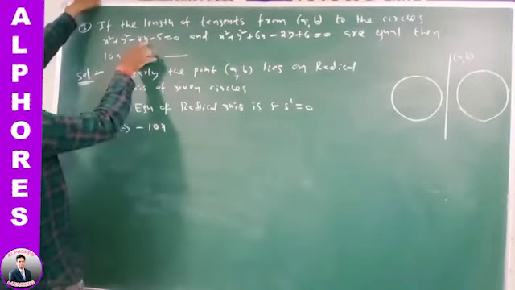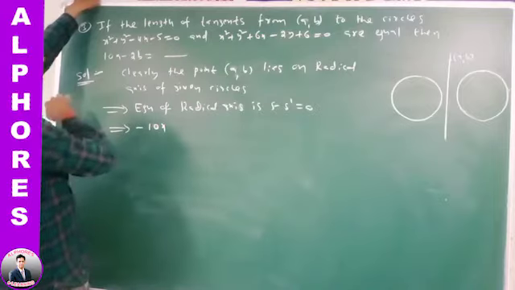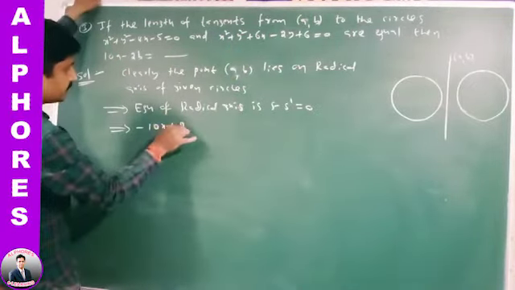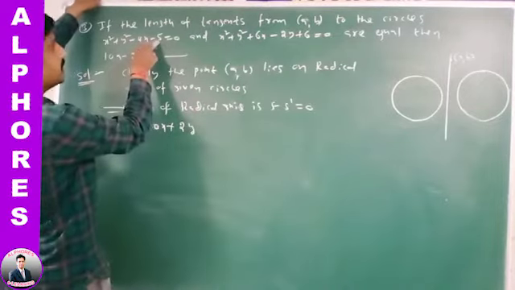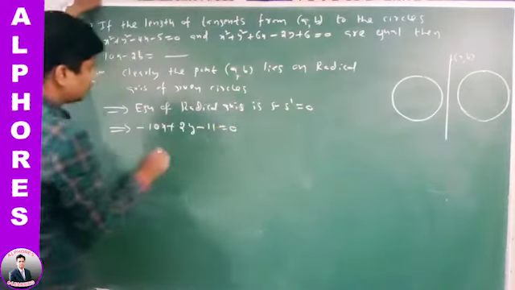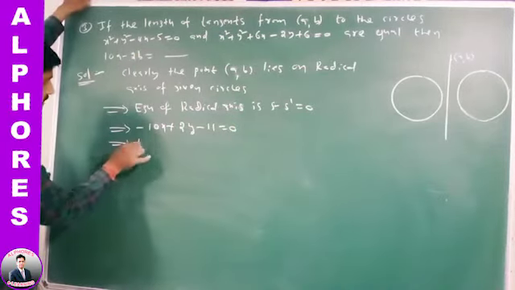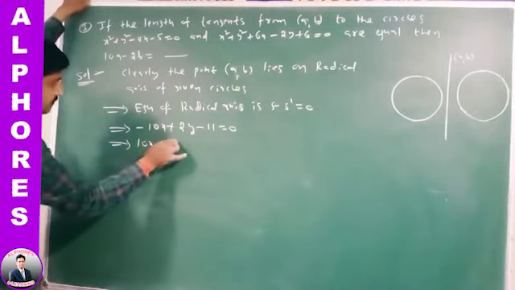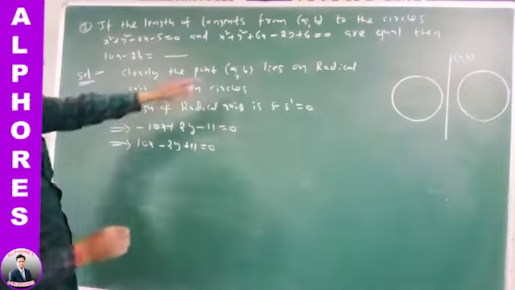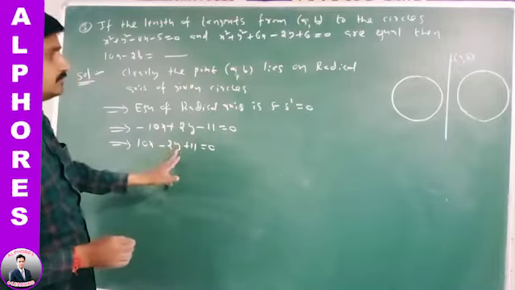There is no y term in the first equation, therefore minus into minus gives plus 2y. The constant is minus 5 minus 6, that is minus 11, equal to 0. This implies 10x minus 2y plus 7 equal to 0. Here the point A comma B lies on this line.